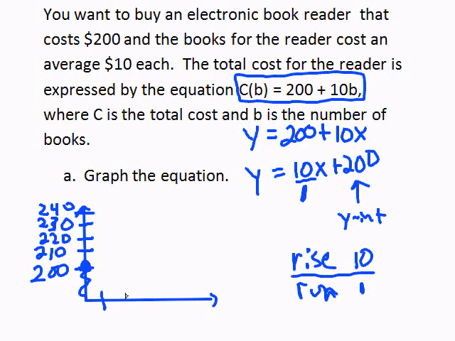On the x-axis, I'm going to count by ones. So, if my rise is 10 over 1, I'm going to go up 10 and to the right 1. I can do that again, going up 10 and to the right 1. Up 10, to the right 1, and so on.